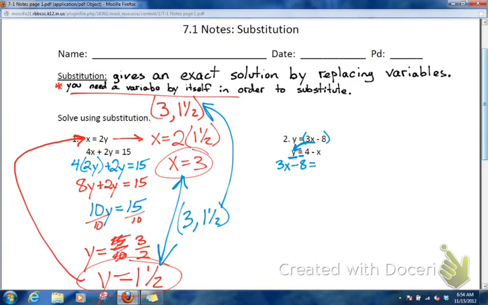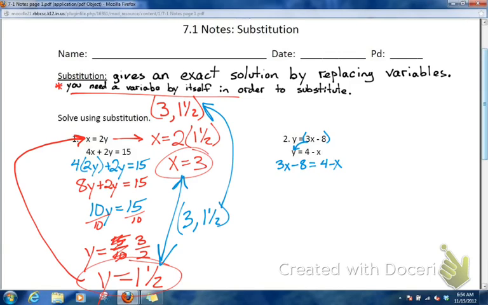Then we have our equal sign, and then we have 4 minus x. So again, I've just simply rewritten that second equation by plugging 3x minus 8 in place of y. So instead of y equals 4 minus x, it's 3x minus 8 equals 4 minus x.